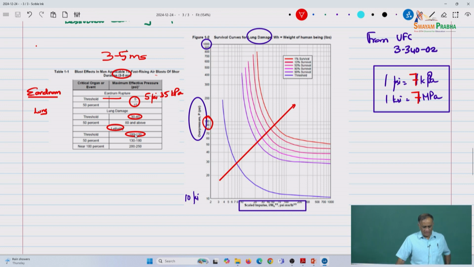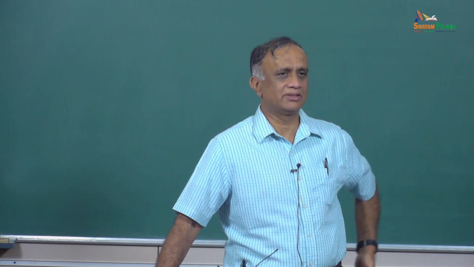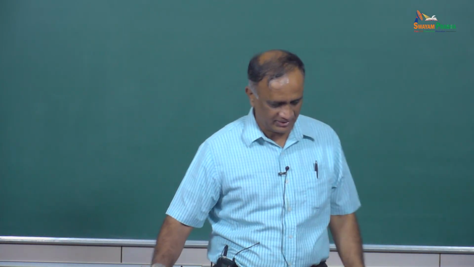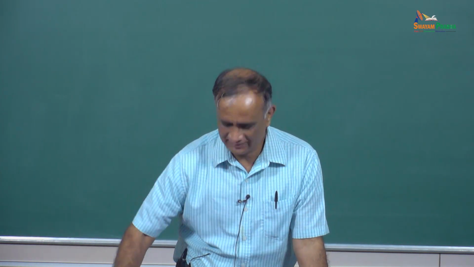Most of these 3 to 5 millisecond cases will be smaller sized explosives, maybe a kilogram or less, or 1.1 to 2 kilograms at say 1-2 meters or whatever it is. It is not that high. So you are looking at that type of numbers out here. Any questions?